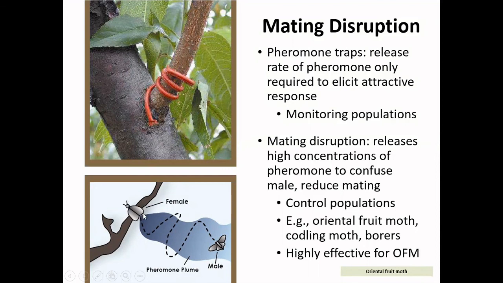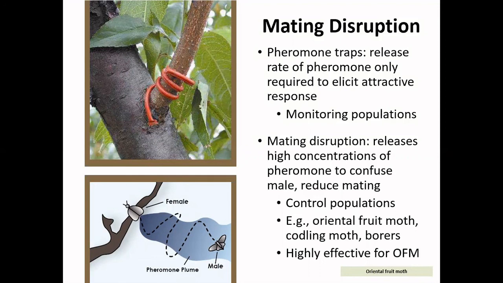So here's that female, and she is releasing a large pheromone plume, which the male then detects on his antenna and is able to home in and detect that female on the branch for mating to occur. So use of pheromone lures basically mimics this natural occurrence. And so it can lure the male into a trap and be used to monitor populations.